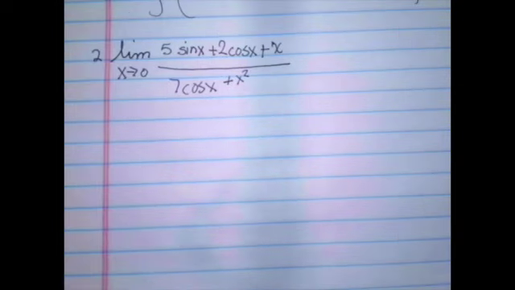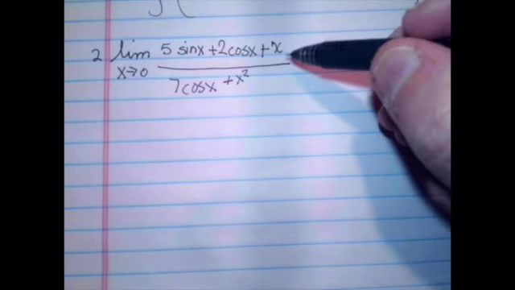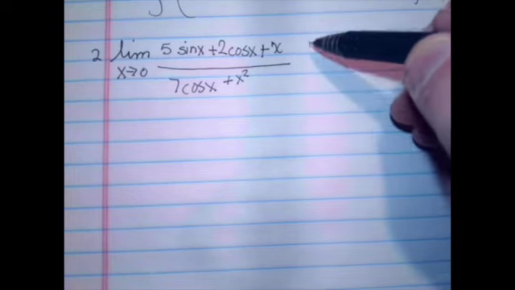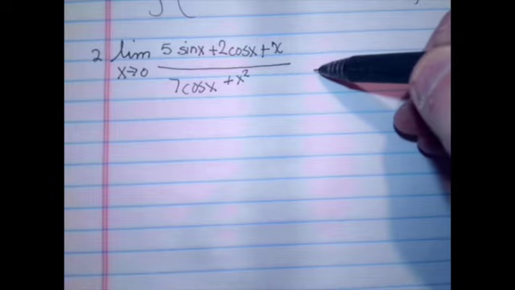In number 2, we are asked to find the limit as x tends to 0 of 5 sine x plus 2 cosine x plus x, all divided by 7 cosine x plus x squared. So we need to check to make sure that this belongs to one of the indeterminate forms, either 0 over 0 or infinity over infinity.